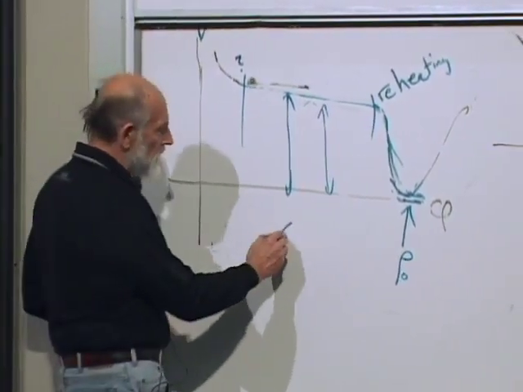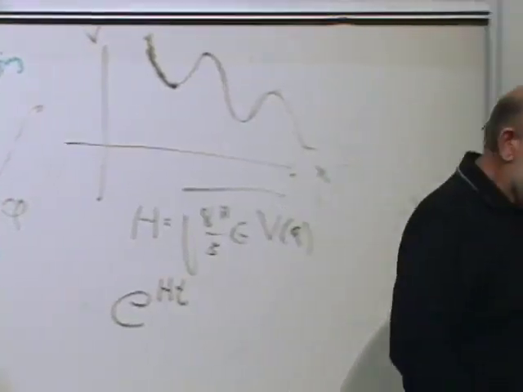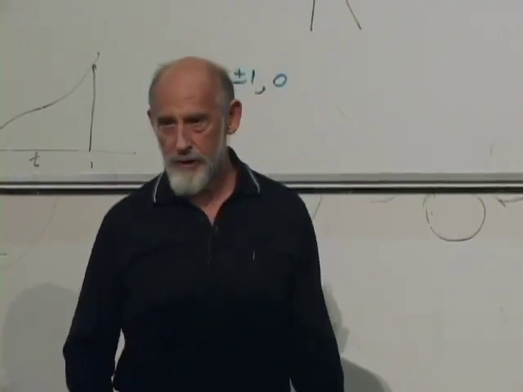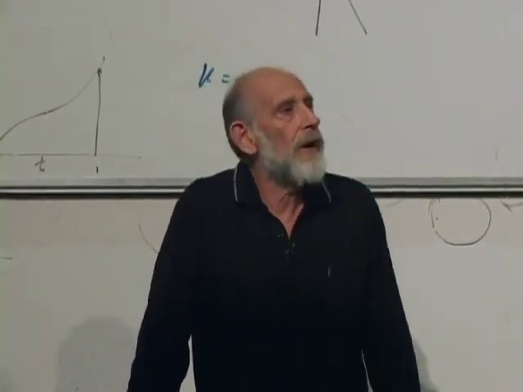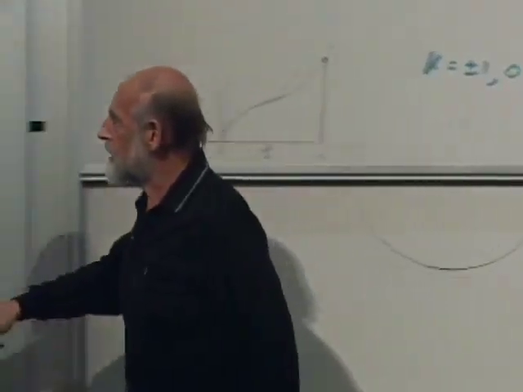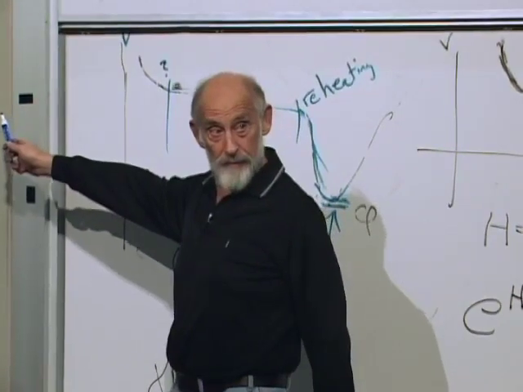Usually it's quoted as e to the 60. But you can play with the numbers a little bit. So the universe is e to the 60 times bigger than it was over here, at least, at minimum.